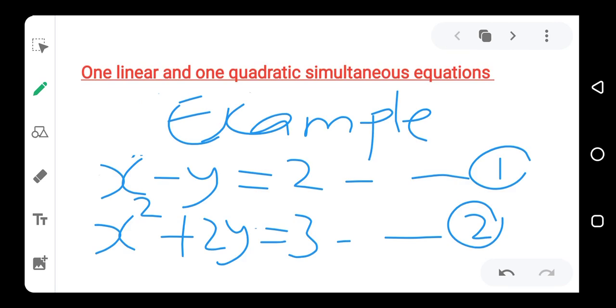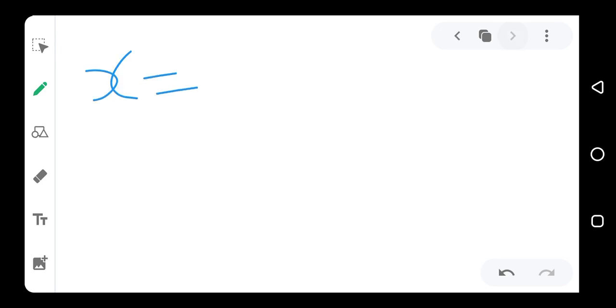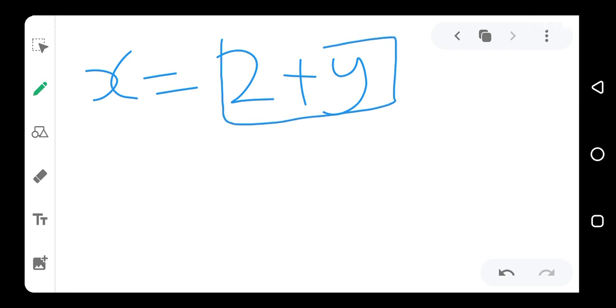From equation 1, we can say that x is equal to, we take y to the other side, so x is equal to 2 plus y. Now when we make one of the unknowns the subject of the formula, we put the value of it into equation 2, the second equation.